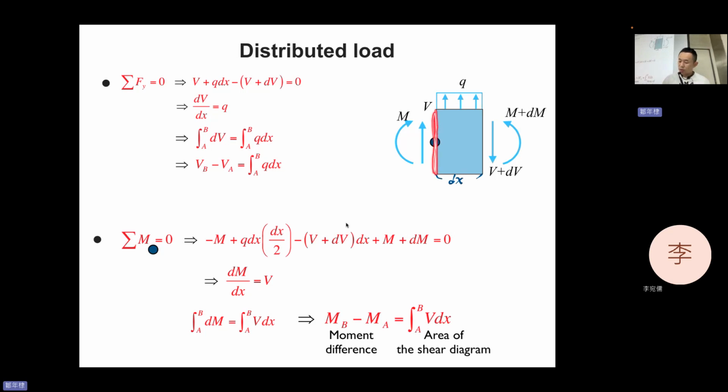At this position, they should be v and m. If there's nothing here, it should be v and m again, right? But now because you have the q, you will have the dm and dv change. So we are going to see the q, dm, dv relationship. This is our purpose.